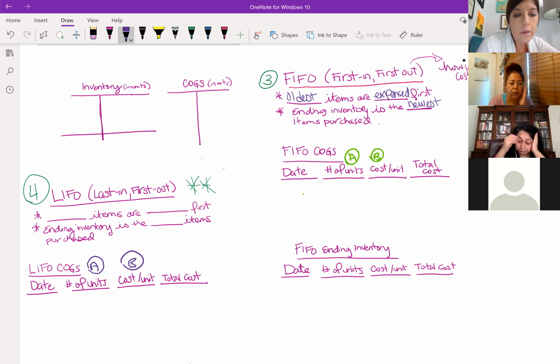Depending on what method they use is how we present it. Okay, in accounting, you can choose what works better for that company? Yeah. So operationally, it's best business practice to do FIFO.